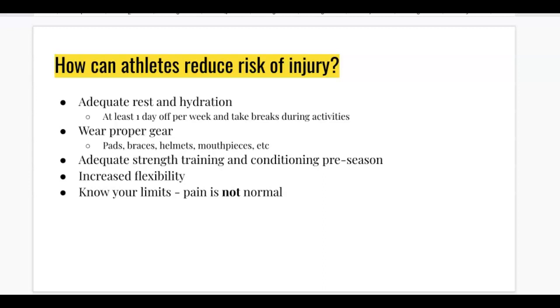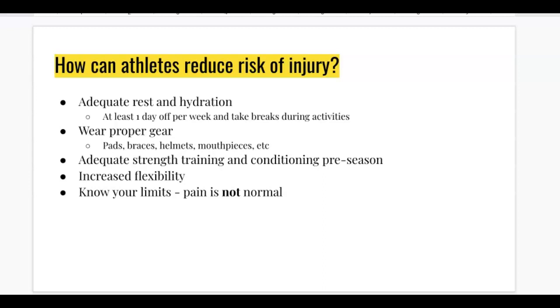So it's important that you don't just go and compete. There's a lot of build up to that, and it's not just to make you stronger. It's to make your muscles stronger, so that you can avoid that risk of injury.